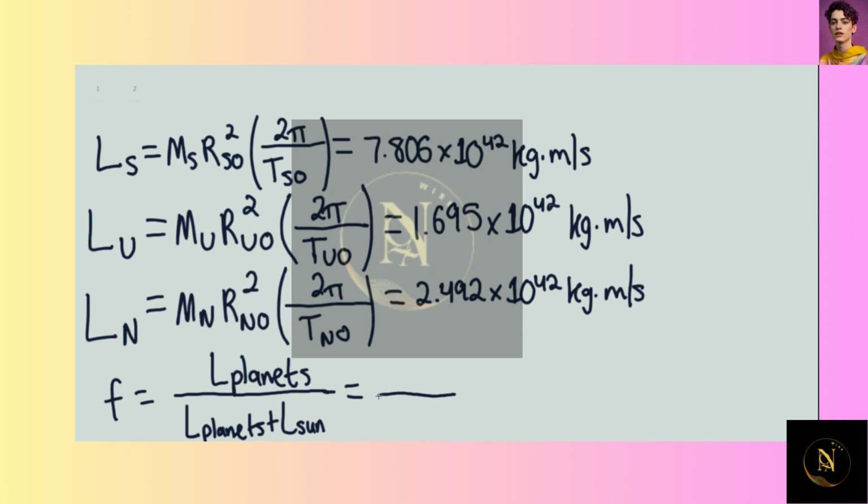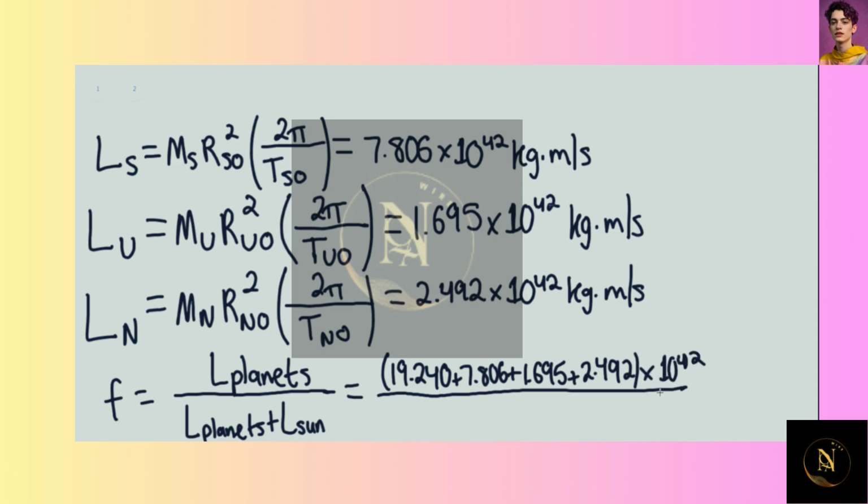And so we could add 19.240 plus 7.806 plus 1.695 plus 2.492 times 10 to the 42nd.